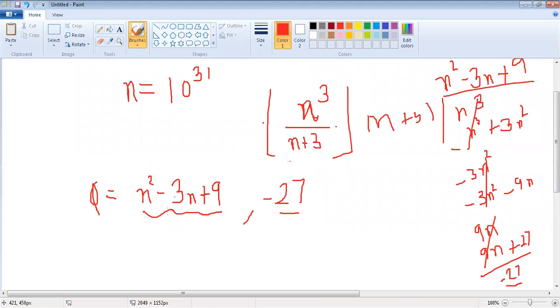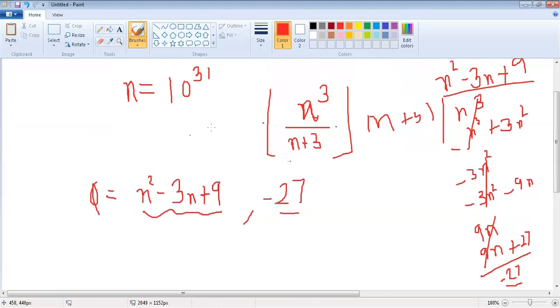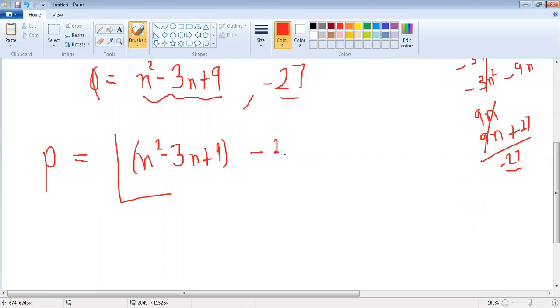Now if I assume this to be p, p equals greatest integer function of n square minus 3n plus 9 minus 27 over n plus 3.